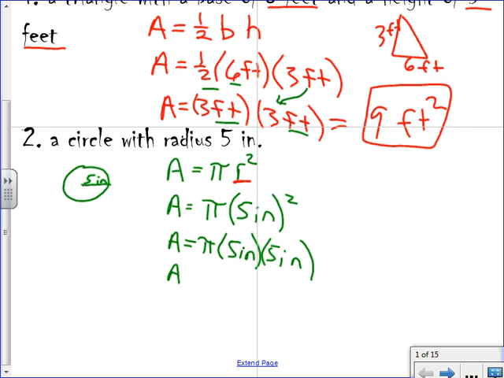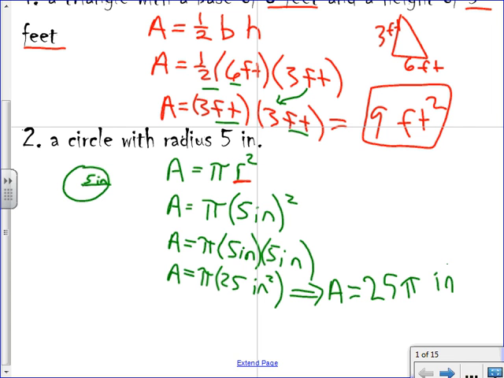So I get area equals pi times 25 inches squared. However, we prefer to write it as area equals 25 pi. We always want the number in front of pi, and inches squared is still our units. That is our perfect answer for the area of this circle.